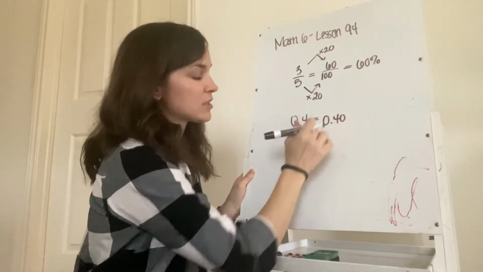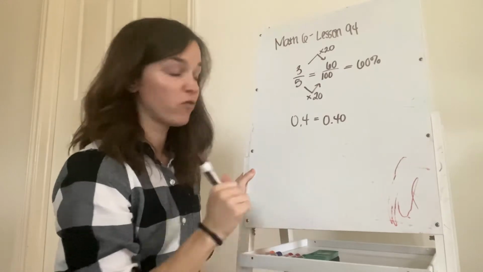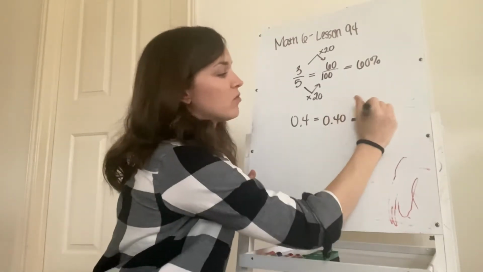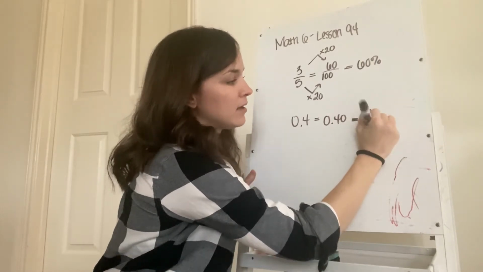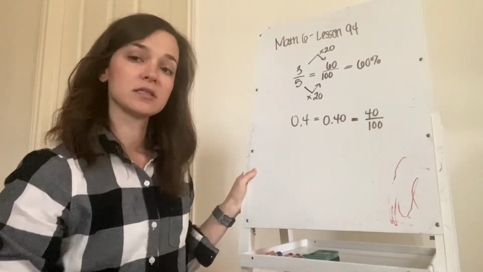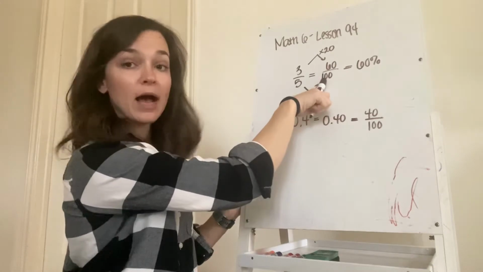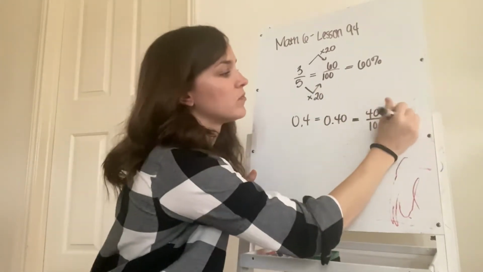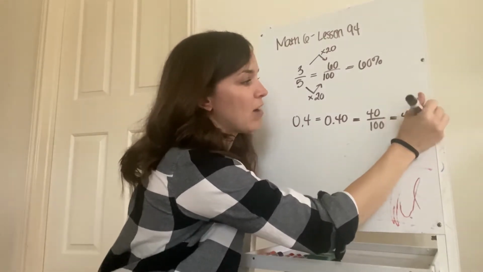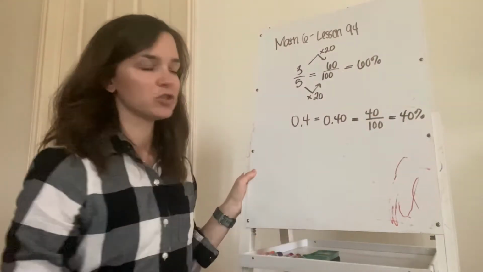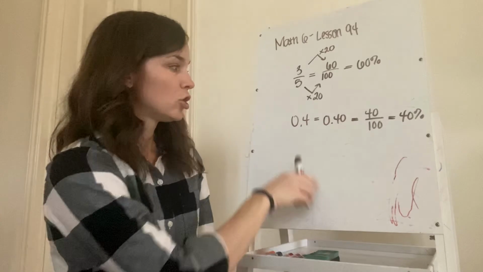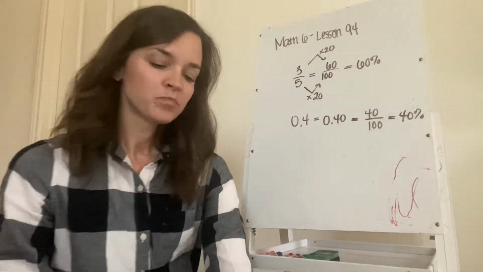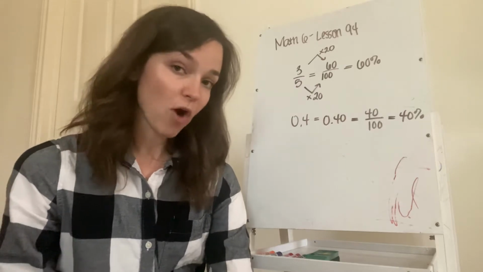We would read this as 40 hundredths, which we could write as 40/100, which looks a lot like what we had up here, right? We've got that denominator of 100 now. So if it's out of 100, we know that we can just write the numerator as the percent. So 4/10 is the same as 40%. Those are the methods that we've looked at so far.